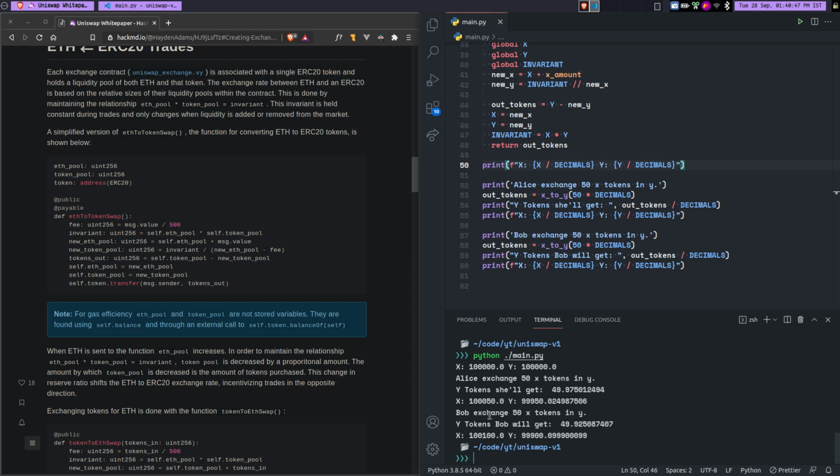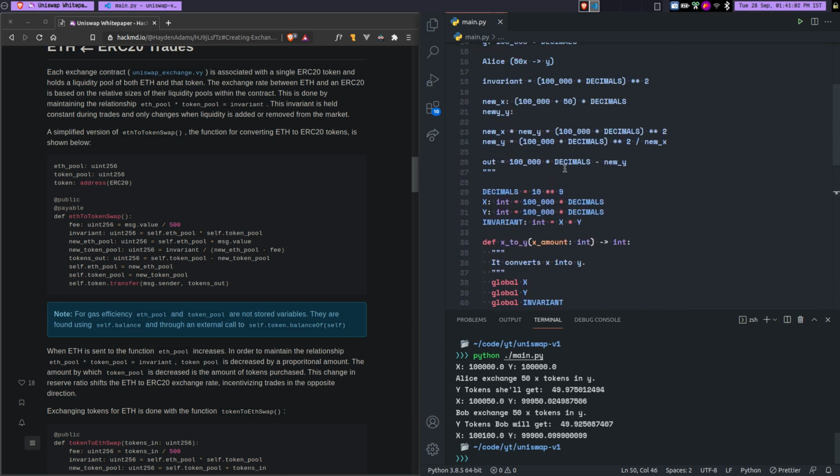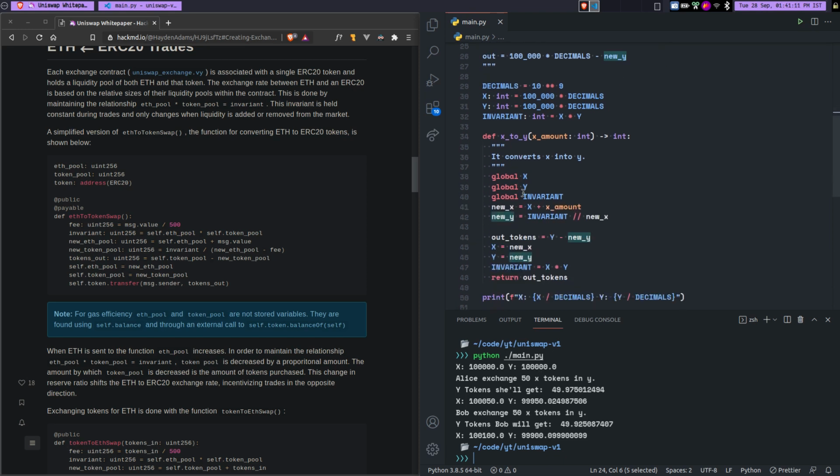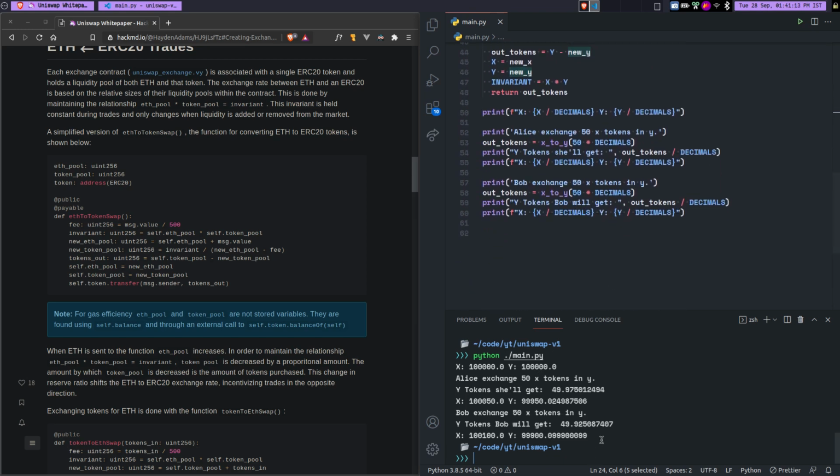If somebody else comes and wants to exchange the same X tokens into Y, they will need to pay a much higher amount of X tokens to get the same amount of Y tokens. Why? Because the supply of Y is decreasing, and as I mentioned earlier, the new amount of Y tokens is inversely proportional to the amount of X tokens. So if the amount of X tokens increases, the amount of Y tokens would decrease, right? This is how it happens.